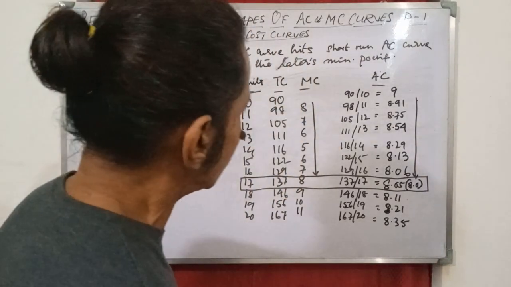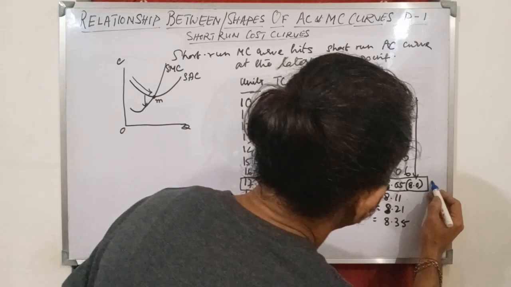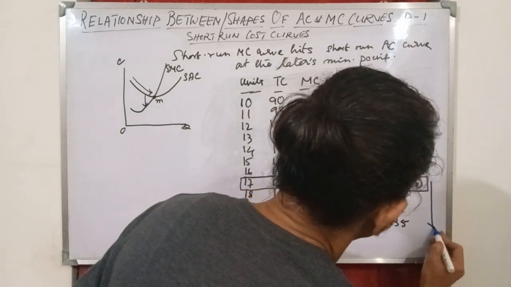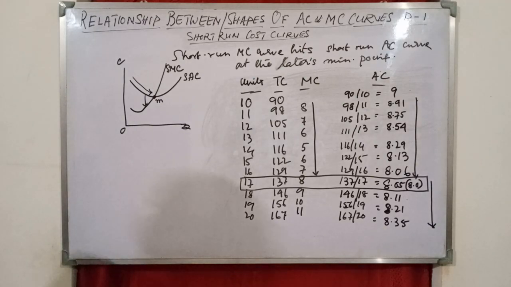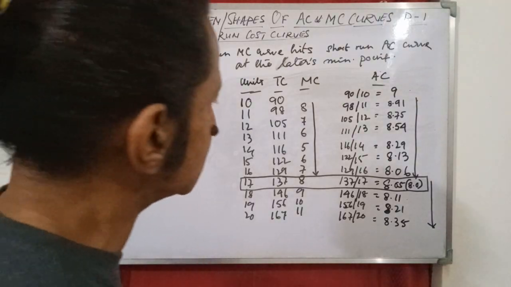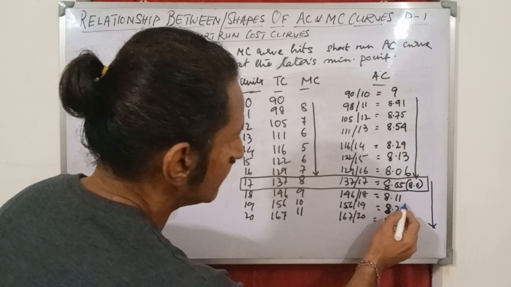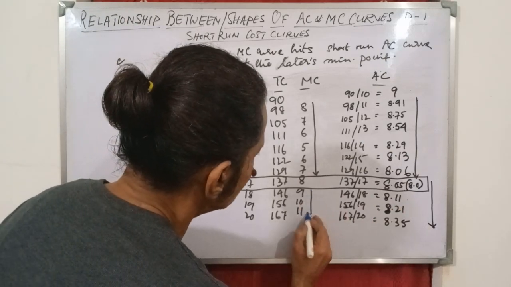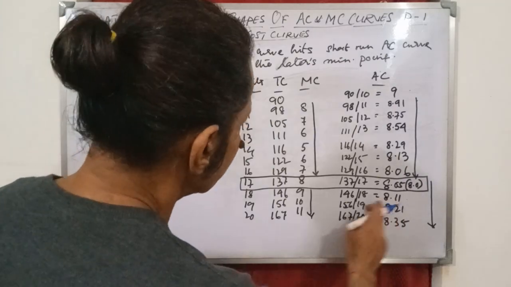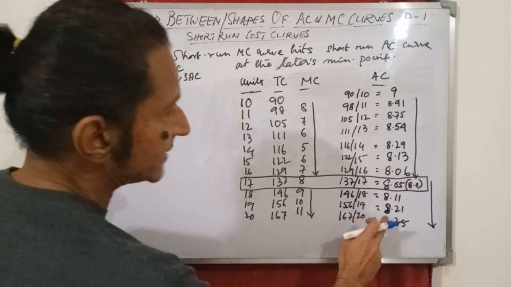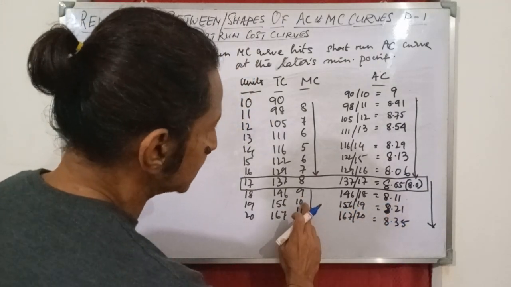Now, what about the second hypothesis? From 8.05 to 8.35, average cost increases. And when average cost increases, you see, for every average cost, marginal cost is more. When AC is 8.11, MC is 9. When AC is 8.21, MC is 10.